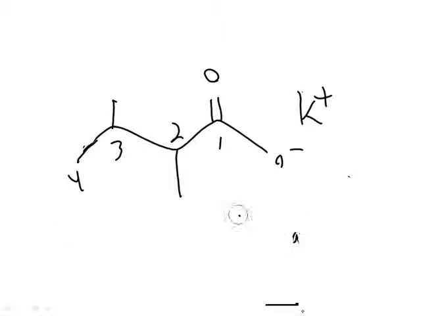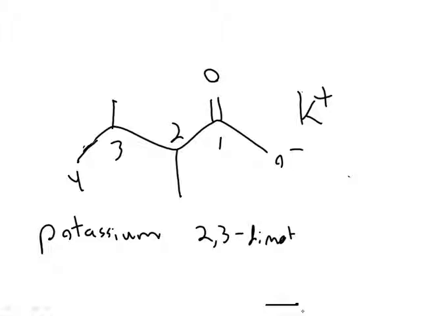Then this is now potassium 2,3-dimethylbutanoate. So if you can name carboxylic acids, you can name carboxylate ions, and you can name carboxylate salts.